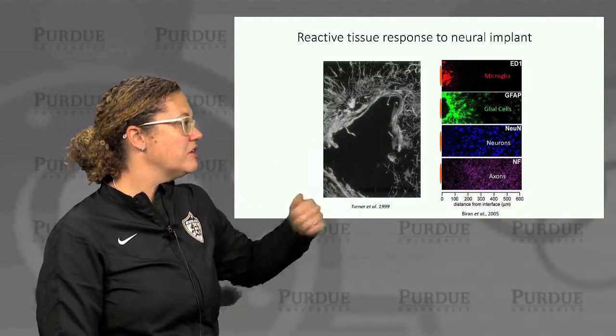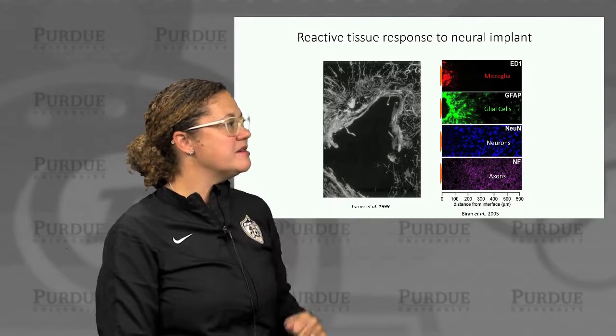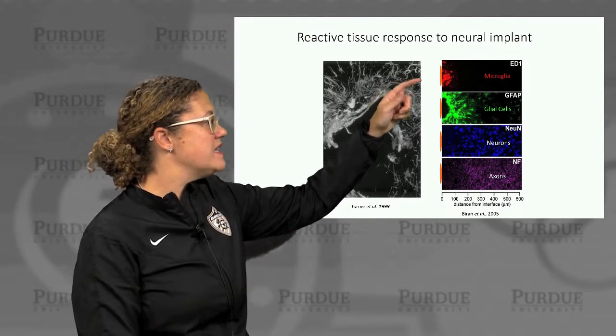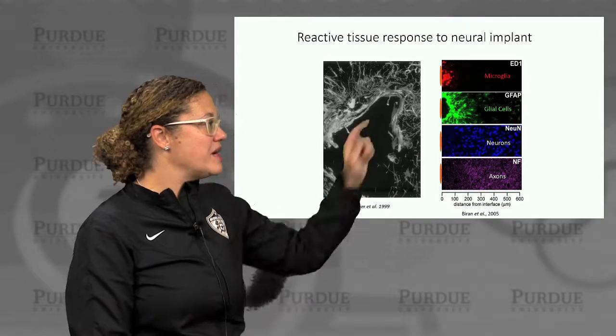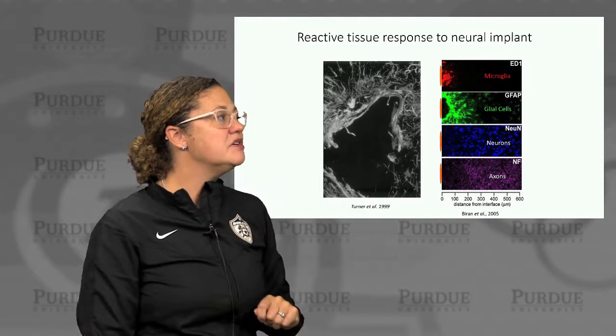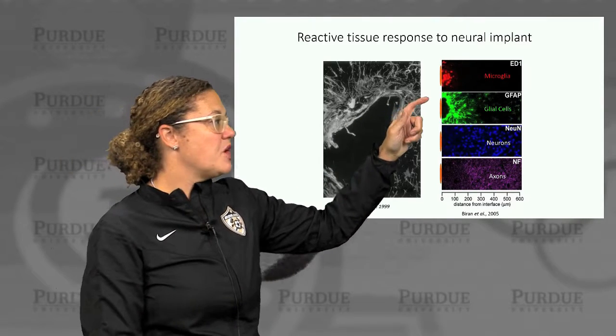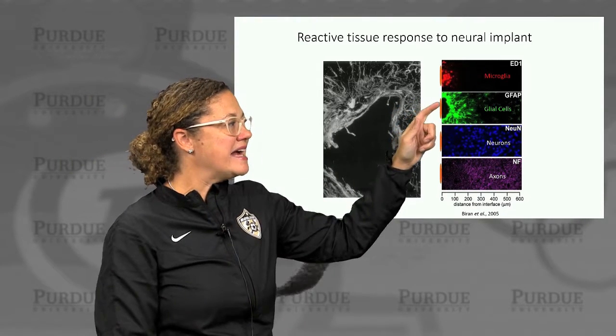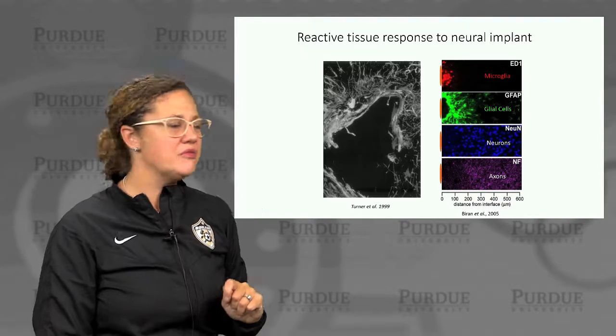So this is scarring around the site. If you look at some of the individual cell components, we can see the resident immune cells of the brain, the microglia, and the other glial cells, which are reactive and have been activated to form this glial scar around the cells.